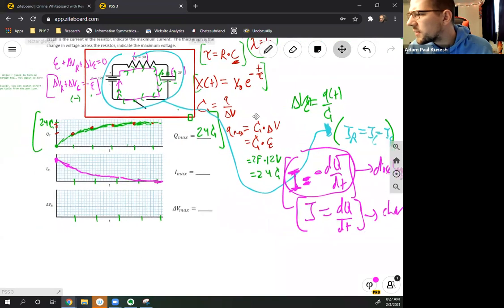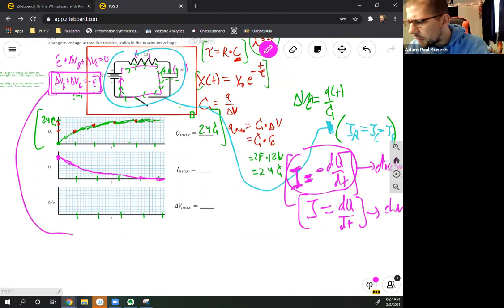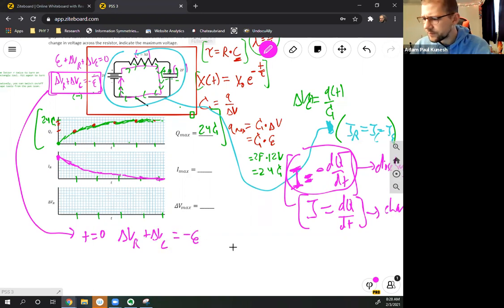So to make that super explicit, let me write out this version of our conservation law, this Kirchhoff's voltage law, in terms of time t equals 0. So at t equals 0, we've got the change in voltage across the resistor plus the change in voltage across the capacitor still has to equal negative the battery voltage. Now, at time t equals 0, the capacitor is uncharged.